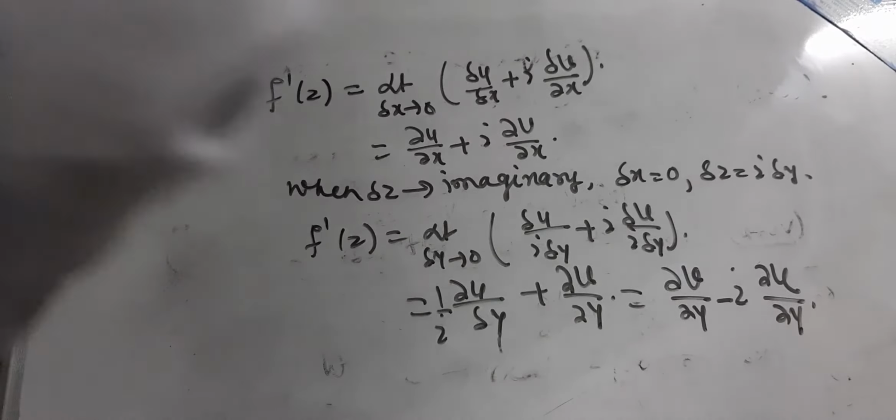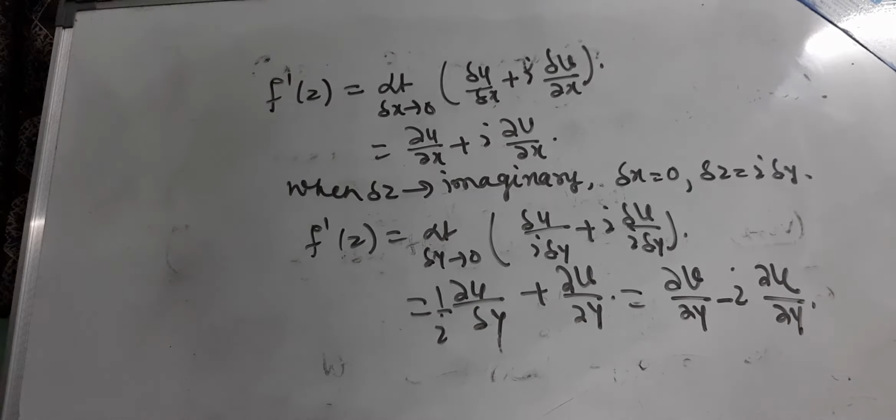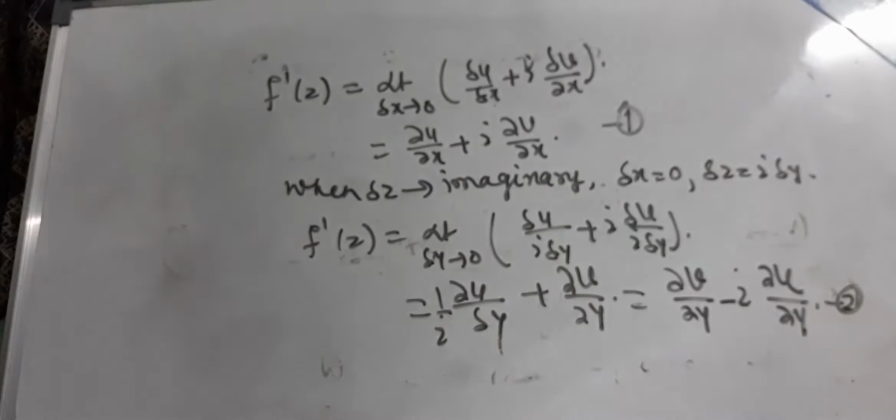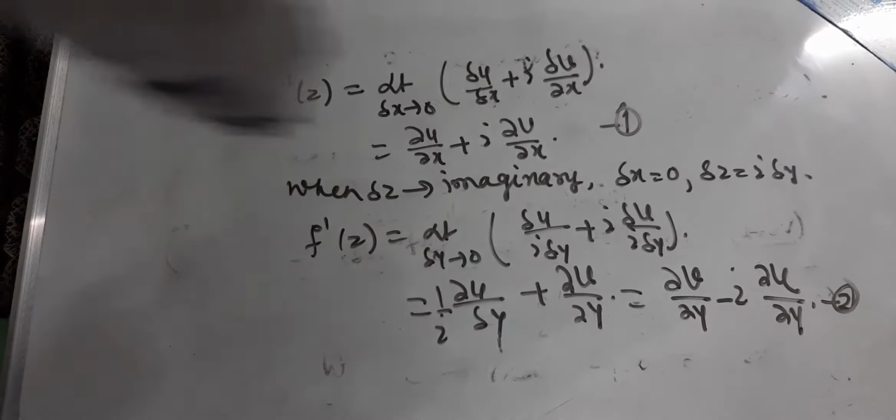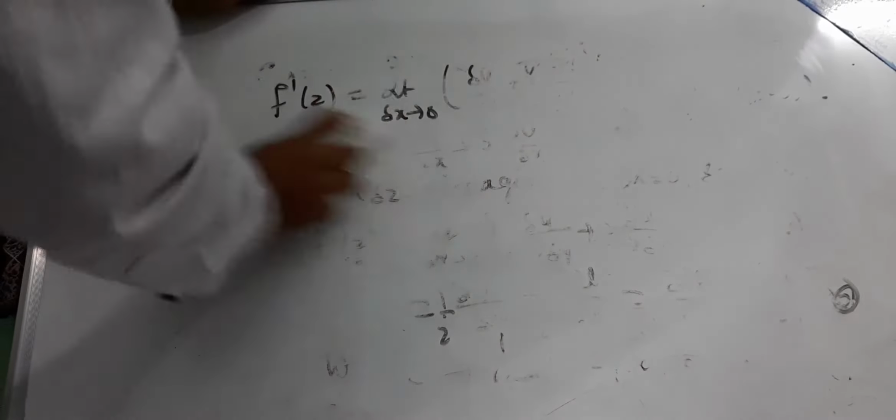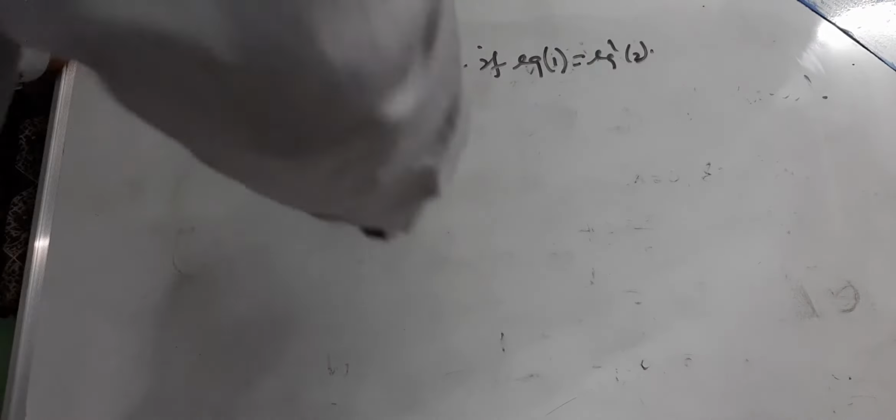So then what can we write down? This is equation 1, this is equation 2. So we can write that if f prime z exists, then equation 1 and equation 2 are both equal. So f prime z exists if equation 1 and equation 2 are equal.